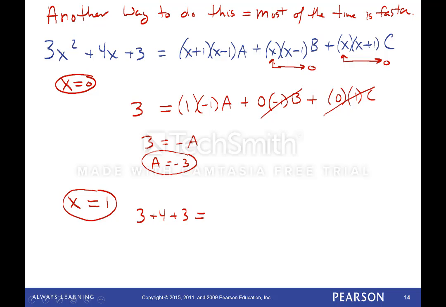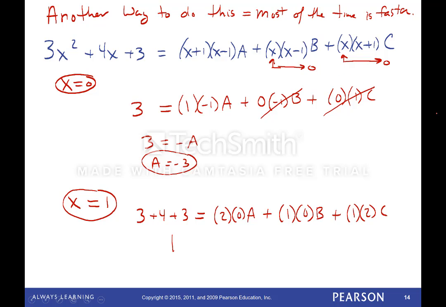The other side: 1 plus 1 is 2, and 1 minus 1 is 0. That's what I'm looking for, times a, because that's going to disappear on me. That's cool. Next one would be 1, and 1 minus 1 is 0 again, times b. Then I have 1 times 1 plus 1 is 2, times c.